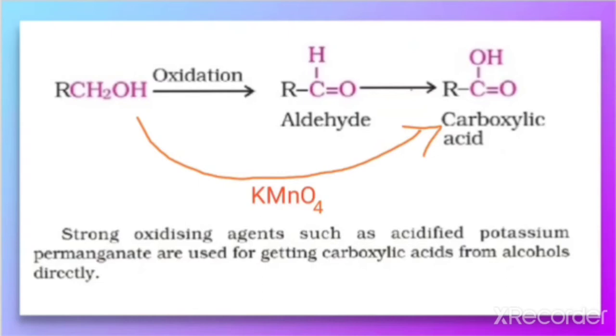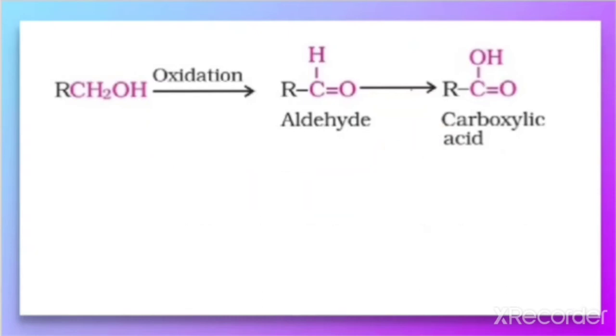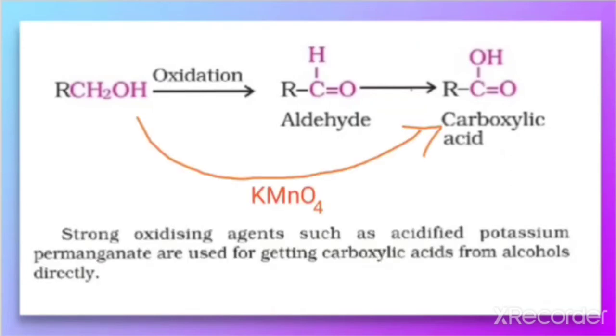Under a normal oxidizing agent, first it is converted into aldehyde, then into acid. But under a strong oxidizing agent, it can be directly converted into carboxylic acid.